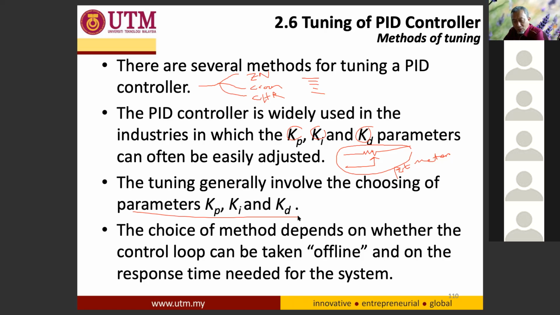This is what I call offline. Offline means you do the simulation first and see the response on your laptop or computer. After it satisfies you, now we can tune in or insert the KP, KI, and KD values to the PID controller in the real hardware.